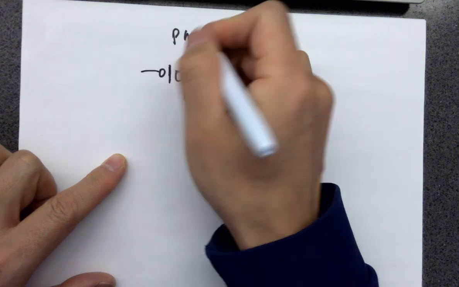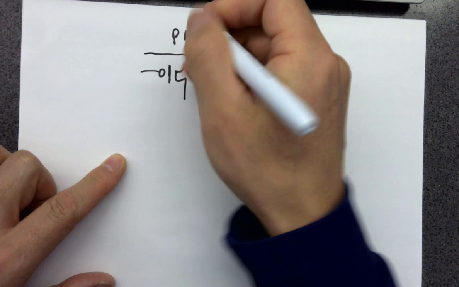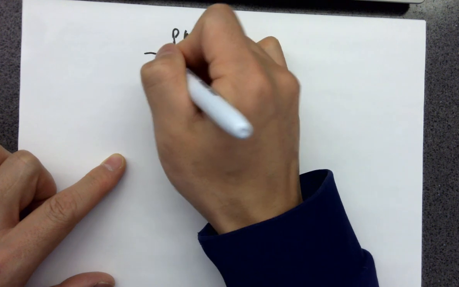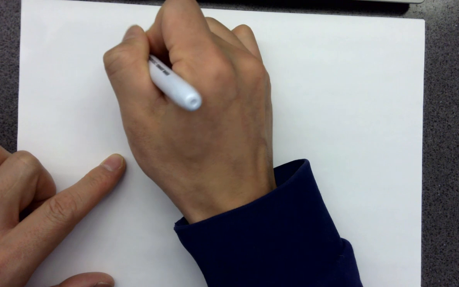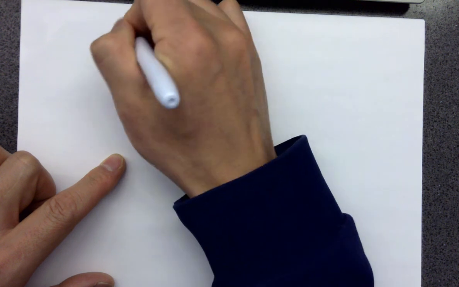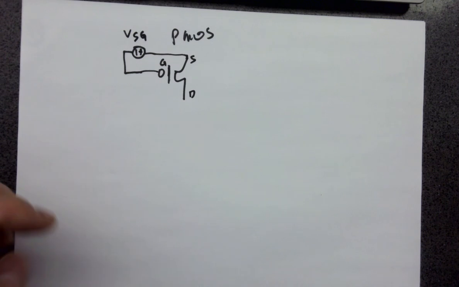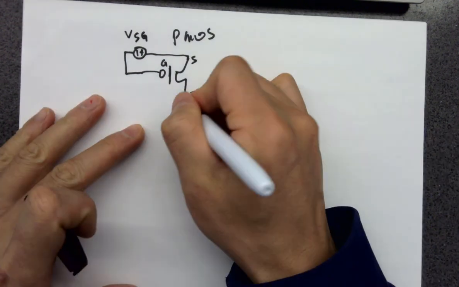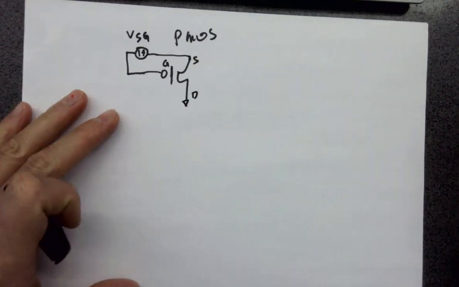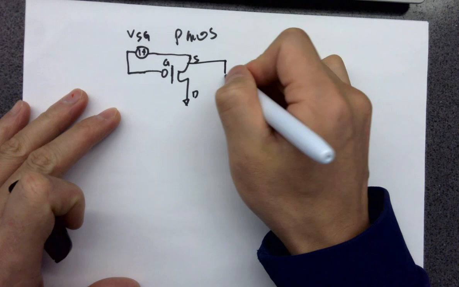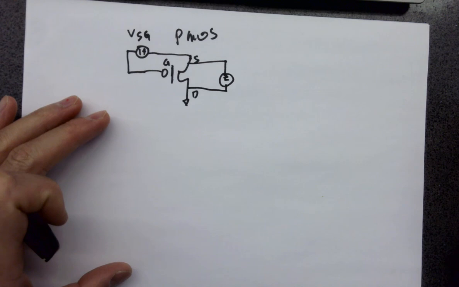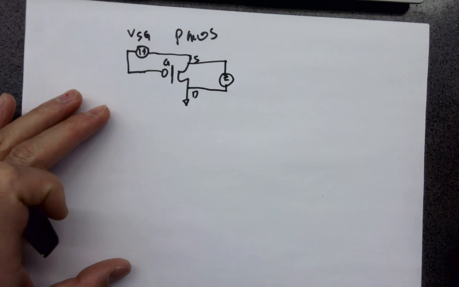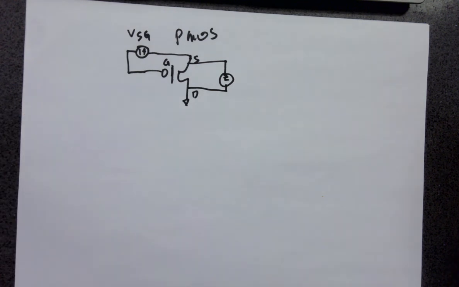So PMOS relies on a voltage between S and G. So the voltage drop from S to G is called VSG. And you can ground here, no problem. And you do need a VSD as well to drop a voltage across S and D to drive current from S to D. Okay.